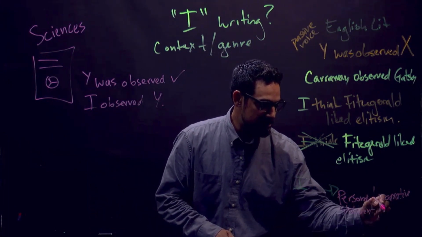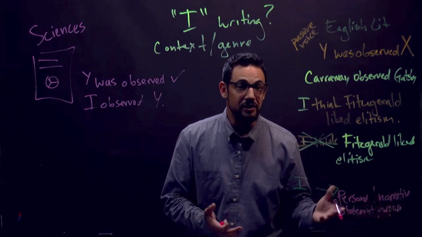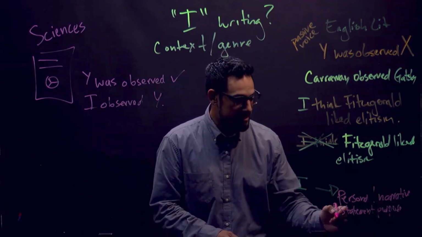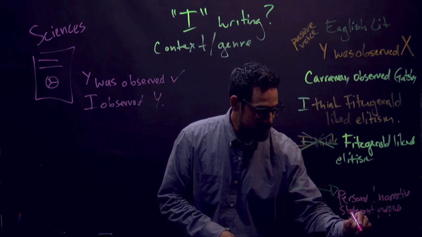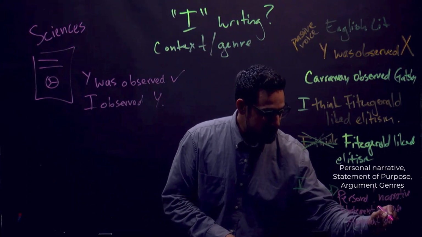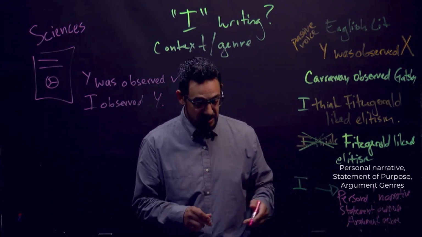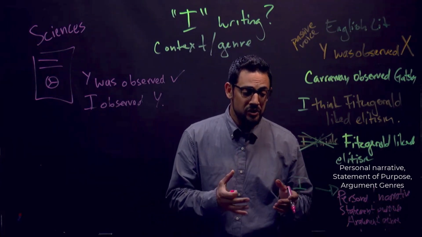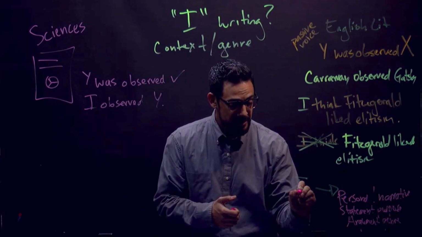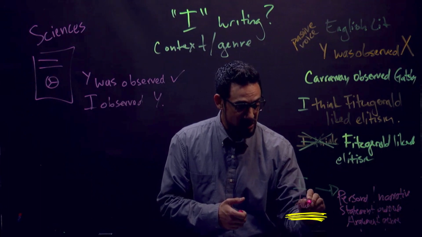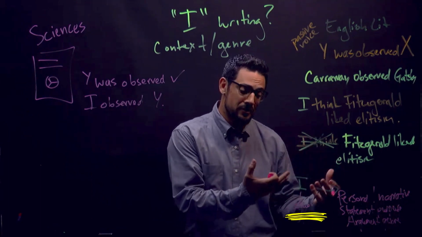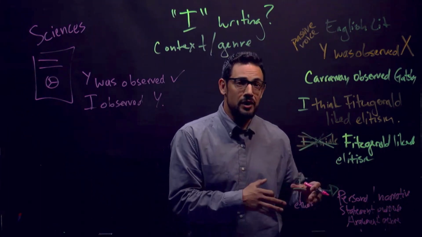Many times folks write these when they're applying to go to college. And there are also argument genres where the use of "I" is particularly persuasive, especially when the author has some particular ethos or credibility that furthers the argument that they're trying to make.